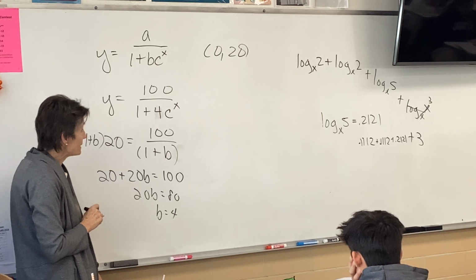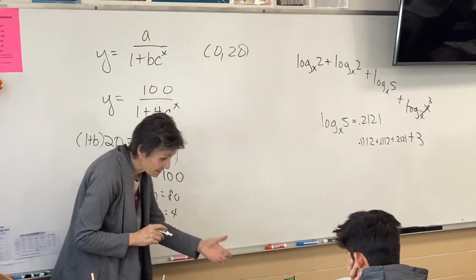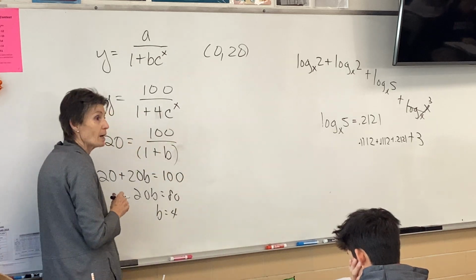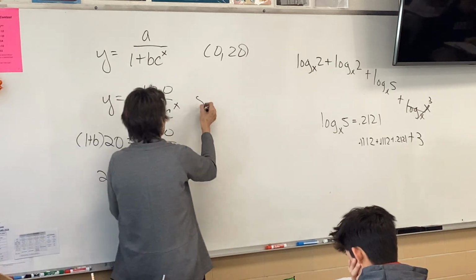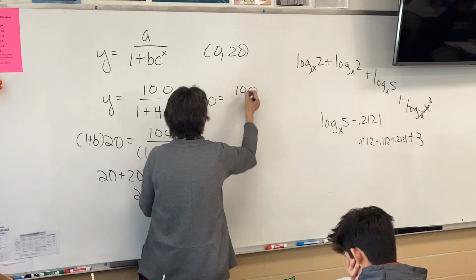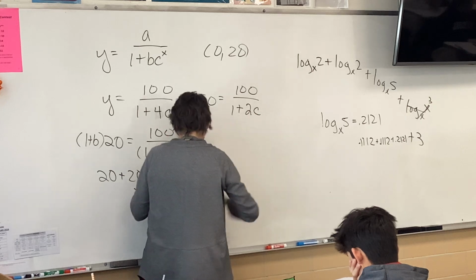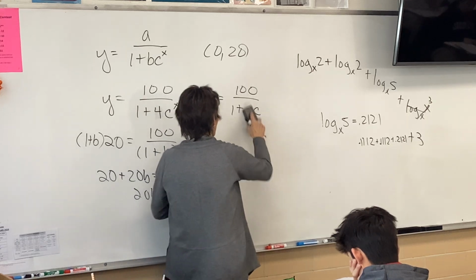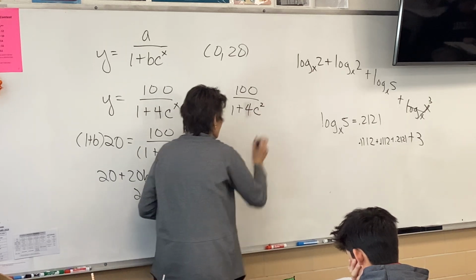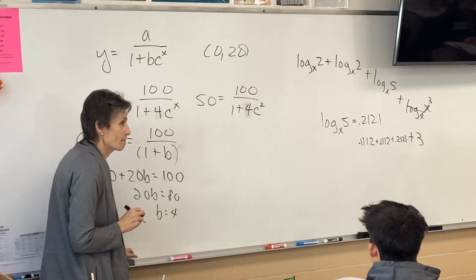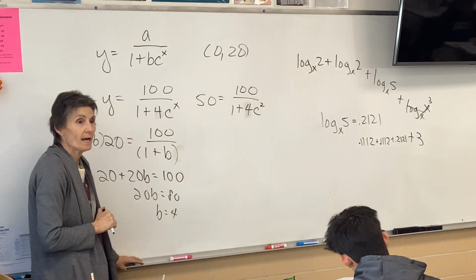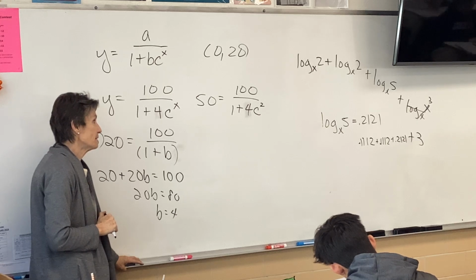Okay, now I need C, so I'll use the only thing left, which is the point 2 comma 50. So 50 equals 100 over 1 plus 4 times C to the second. 2 in for x, 50 in for y.